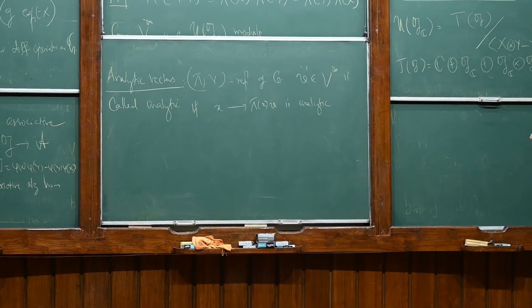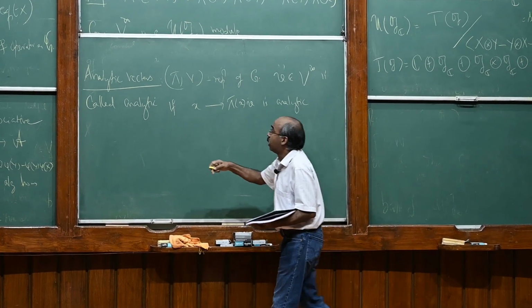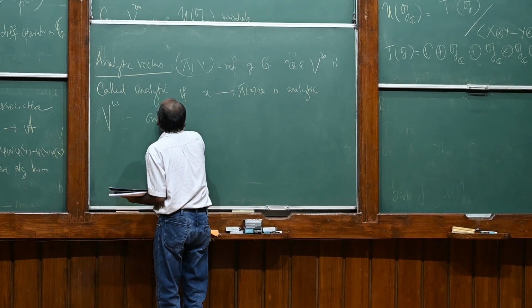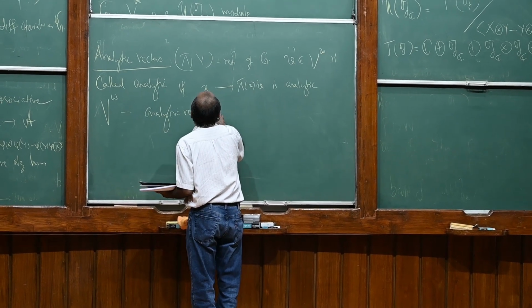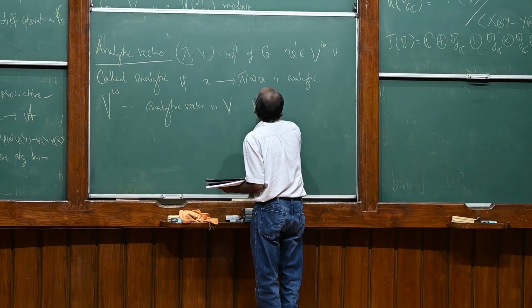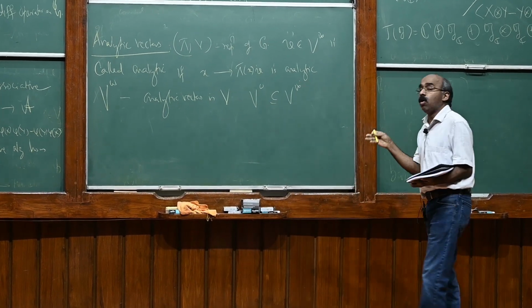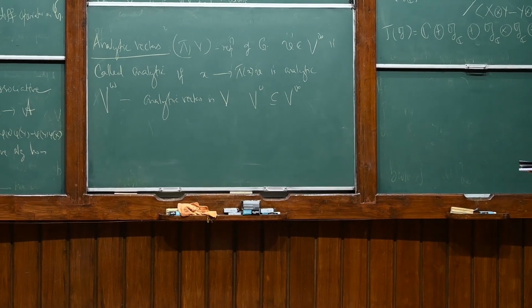If v and w are analytic, then the sum is analytic, and the analytic vectors will be called V omega. Of course V omega is contained in V infinity. Of course, right now we don't know if there are analytic vectors. Okay, it's only a definition.